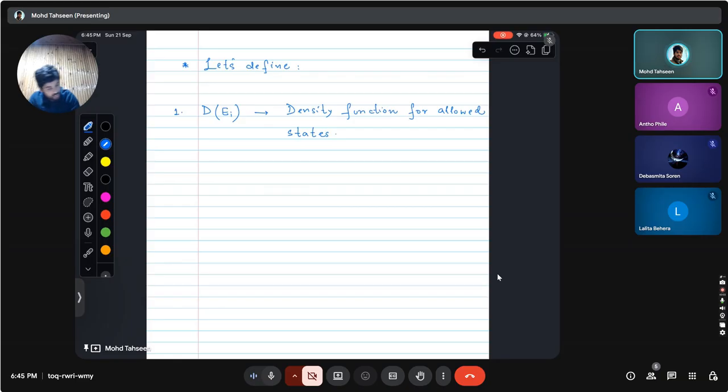Now I'm going to define my second thing, N of E. Let me write D as a function of energy, and N of E is the density of occupied states.